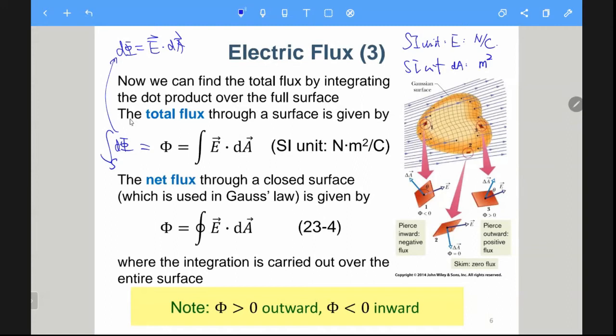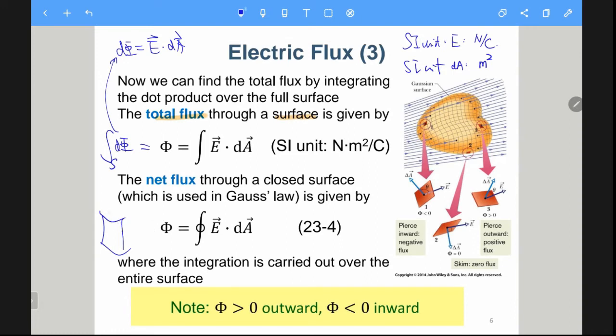Okay. So here it defines two things. One thing is the total flux, the total flux through a surface. It doesn't have to be a closed surface. Only a surface is enough to define the total flux. So maybe you can just have a surface like this, or a perfect rectangle, a plane that you can define.